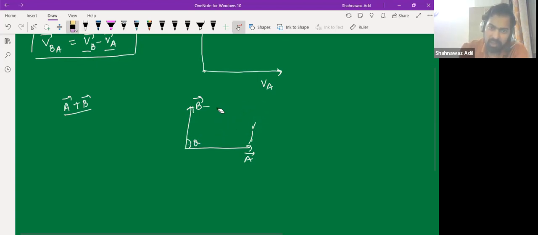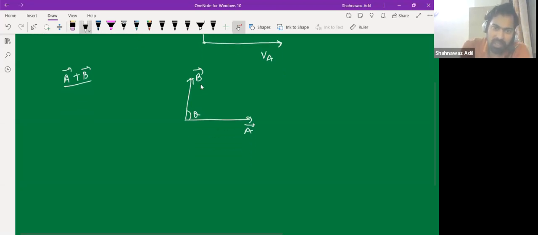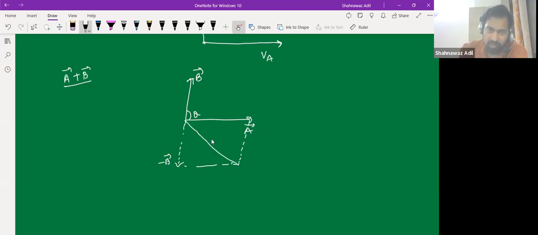Now I am talking about the subtraction of the vectors. For the subtraction case, we elongated this B in the opposite direction. So this was minus B, right, Rishita? Yes, so it'll be A plus minus B. Absolutely right. Now when we use the parallelogram law, we will get A minus B.